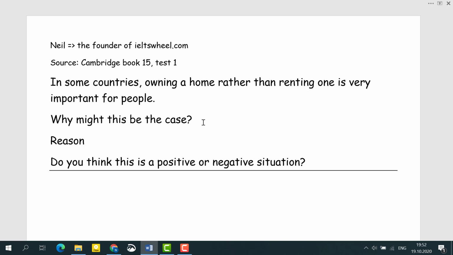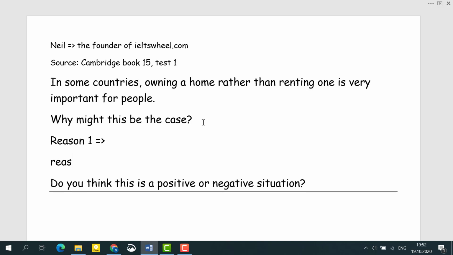So reason one, and then we have to explain, and then reason two, and then we need to explain. You don't want to provide only one reason, you want to provide at least two reasons.